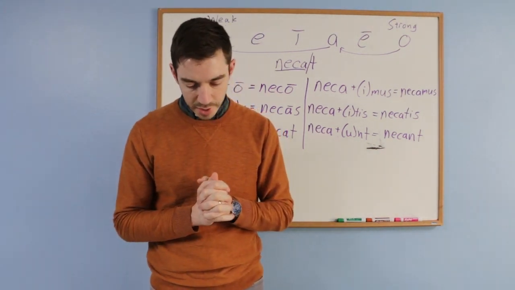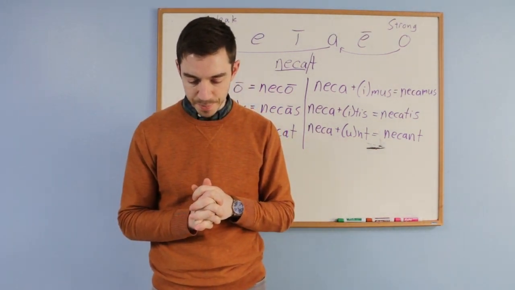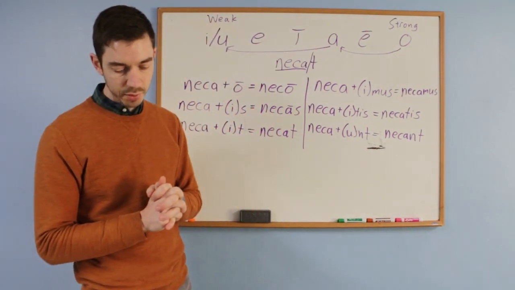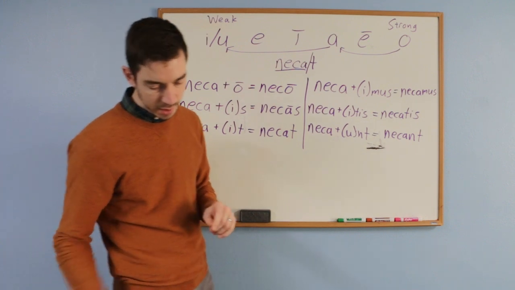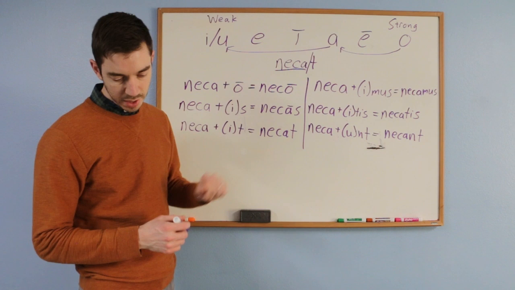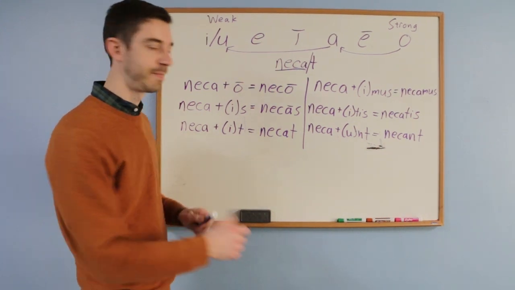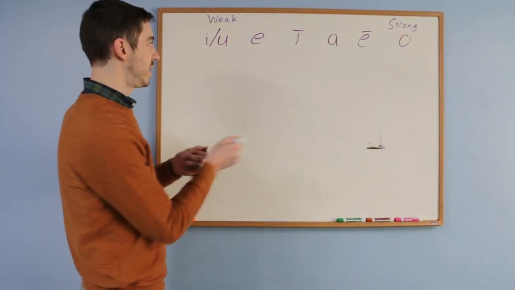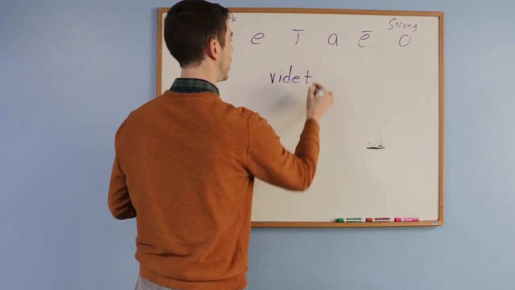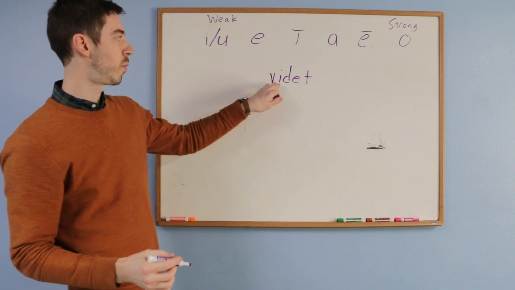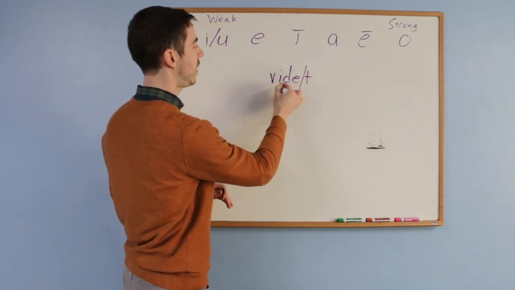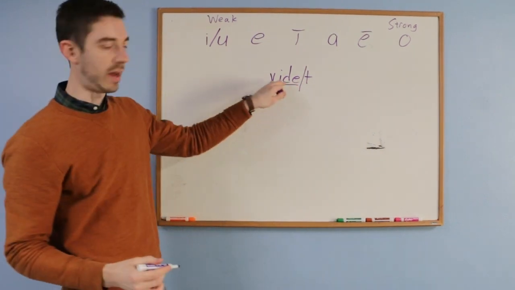All right. So next is E-stem verbs. The same as we just talked about, we've got videt here. So I'll erase this and we'll look at videt for a second. We'll write that up here and look at the stem. Again, we always memorize it in the third person singular, so we just cut the T off and there's our stem, vide.